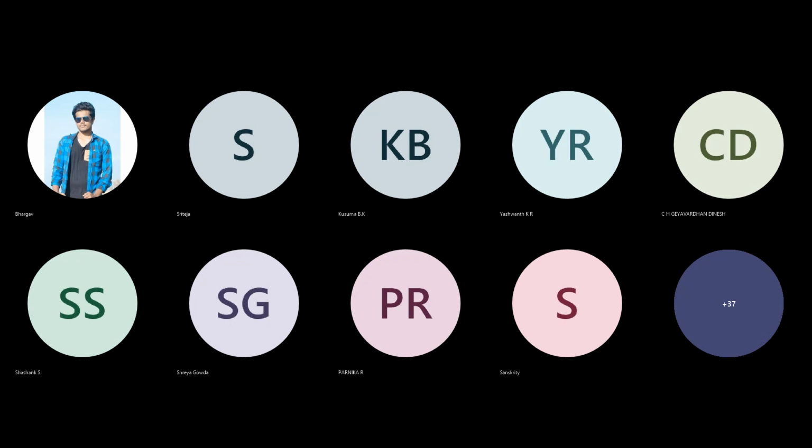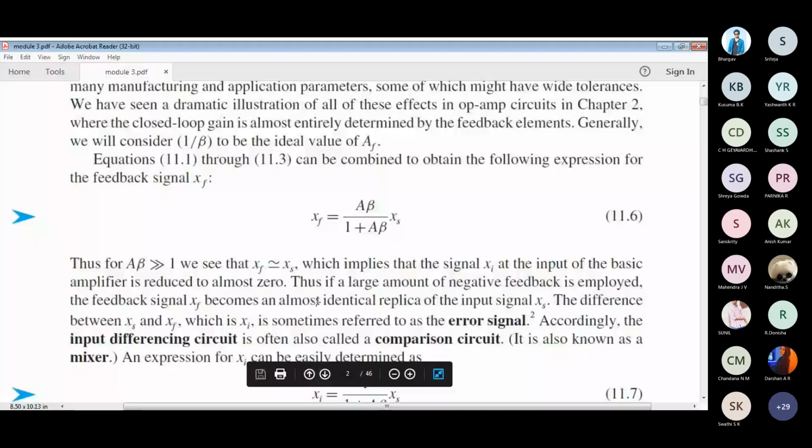Thus, if a large amount of negative feedback is employed, the feedback signal xf becomes almost equal to xs, and the difference between xs and xf at the input difference circuit is equal to 1 divided by A beta. It's very simple.